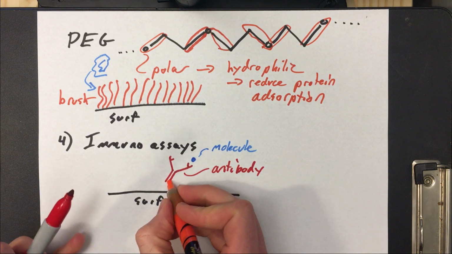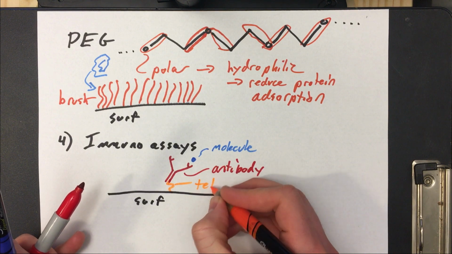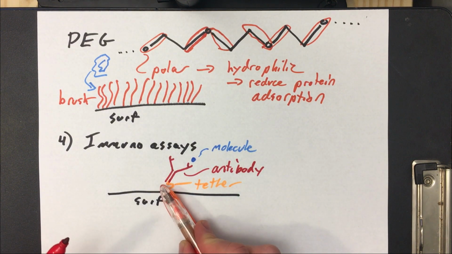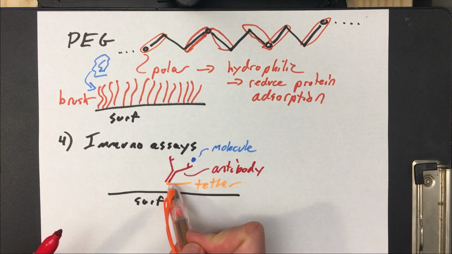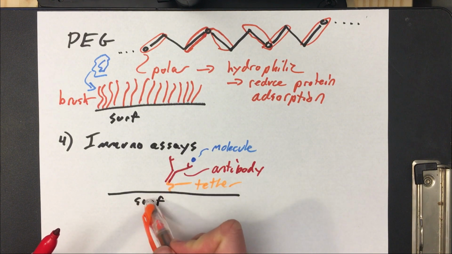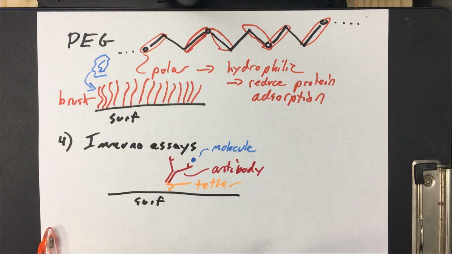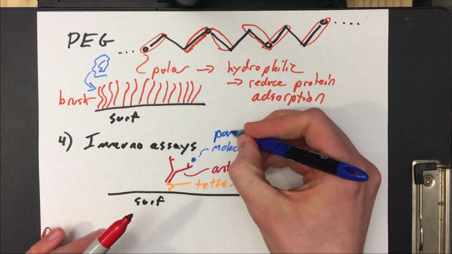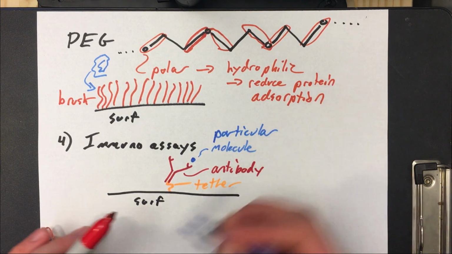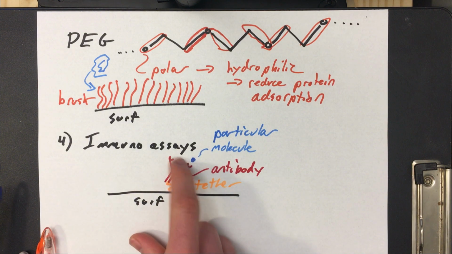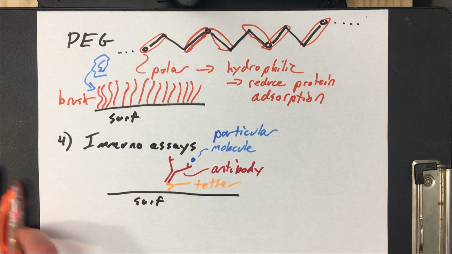We can tether that antibody to a surface, and with an antibody tethered to that surface, then we have a surface that's very sticky to one particular type of molecule, but not particularly sticky to other types of molecules. And this is very good for trying to detect the presence of very specific analytes.